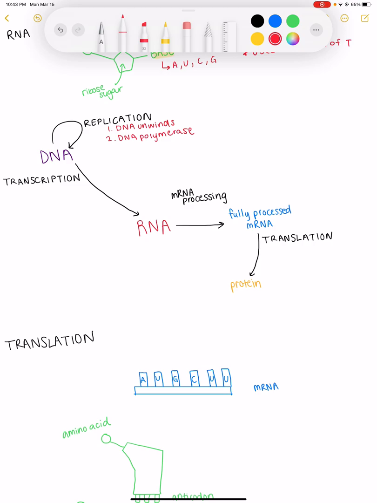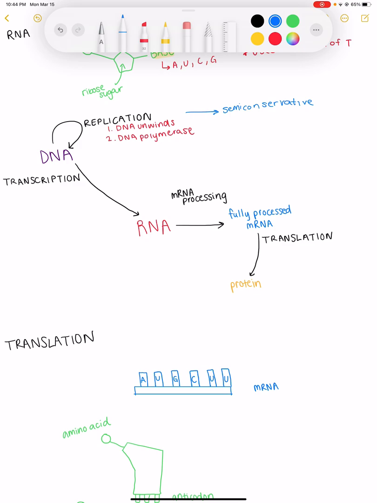And so what we see in replication is that we actually call this a semi-conservative process, because in each strand of DNA after replication, one half of the strand is going to be old DNA or template DNA, and the other half of the strand is newly synthesized. So that's all that semi-conservative means.